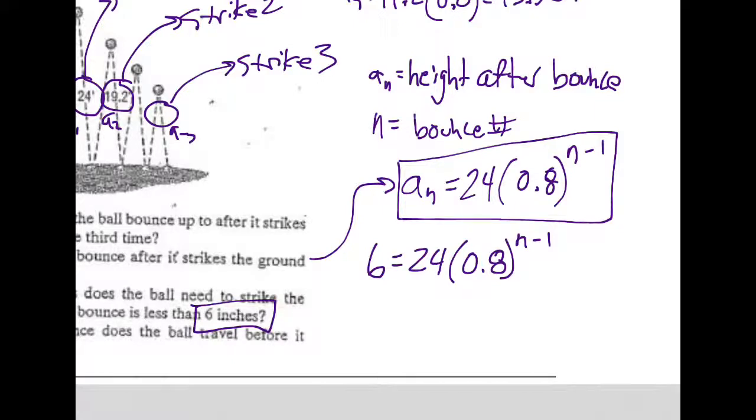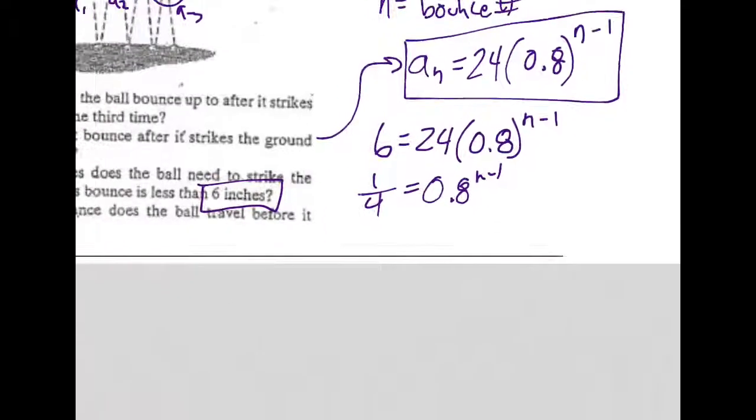So let's divide 6 by 24. 6 divided by 24 is 1/4. So we have 1/4 equals 0.8 to the power of n minus 1. And we're going to have to use logs again. So log base 0.8 with the argument 1/4 equals n minus 1. So again, change of base formula: log of 1/4 divided by log of 0.8 equals n minus 1.